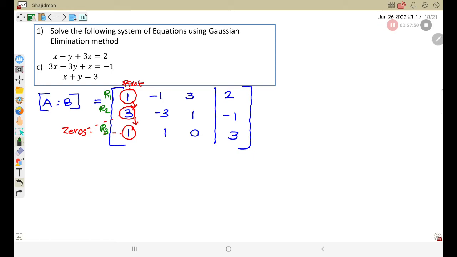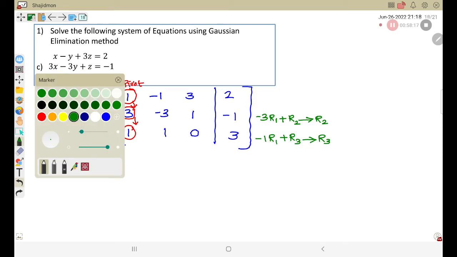Now we start with the second row. First we need to change R2. R2 plus is default, the opposite of 3 minus 3, pivot number coming on the first row, 3 R1. Now the third row we need to change, R3. R3 plus is default, the opposite of 1 minus 1, multiplied by the pivot row.